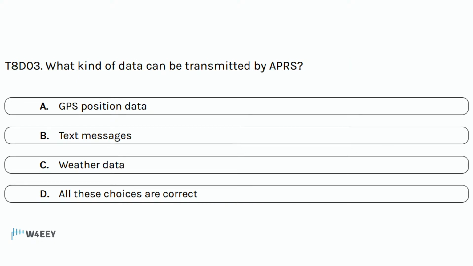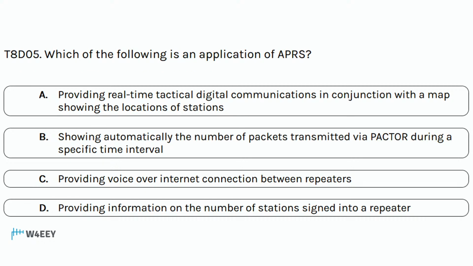What kind of data can be transmitted by APRS? Read carefully. Delta. Yeah, GPS position data, you can see that on the map, short text messages, and even weather data, the temperature outside, things like that. All of those choices are possible. And which of the following is an application of APRS?